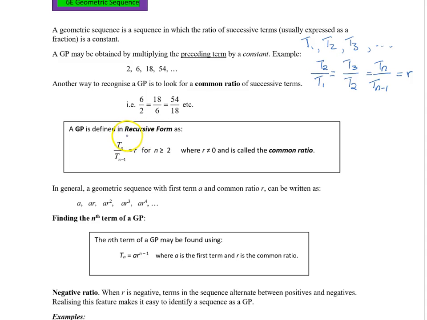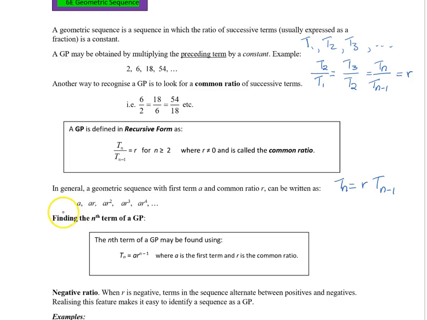Again, it is a situation of recursive form because we can express Tn over Tn minus 1 equaling r, or we could write Tn is equal to r times Tn minus 1. So we're expressing a term with respect to the term before it.